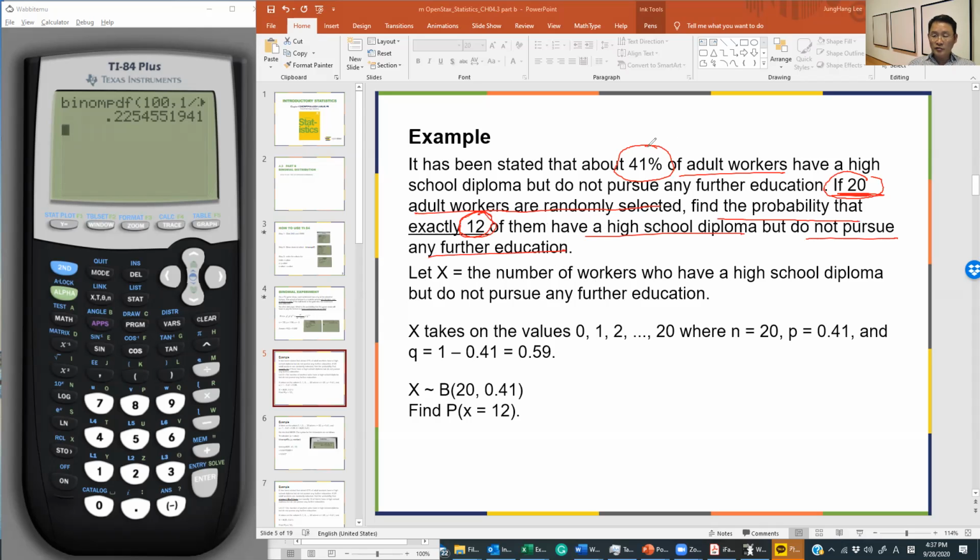So let me recap. We know that 41% of adult workers have a high school diploma but don't want to pursue any further education.